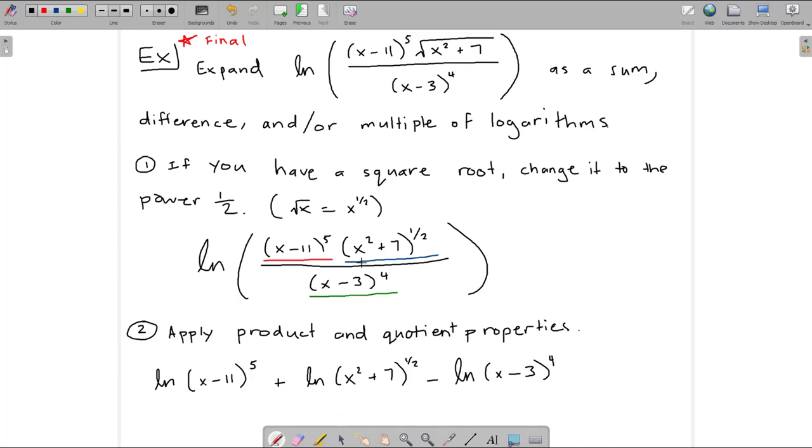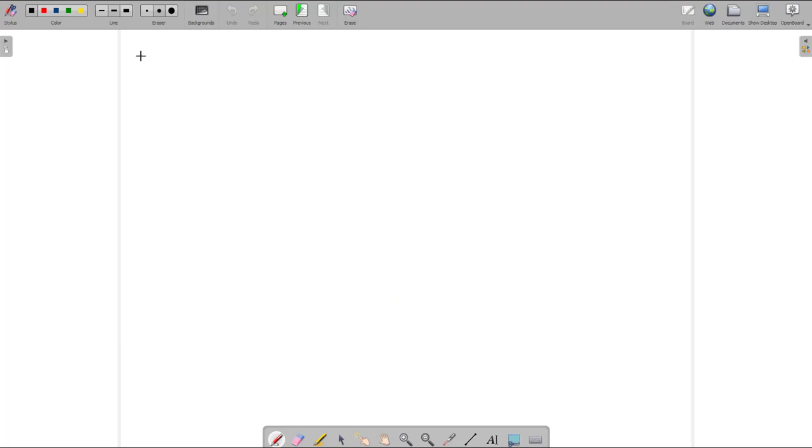I did a couple steps in one, but in my head, that's the easiest way to do it. You can just recognize your different terms here and either add or subtract them depending on if they're in the numerator or the denominator. So we've expanded it now, and then the last thing to do would be to apply our power property. So let's go ahead and do that on the next page.